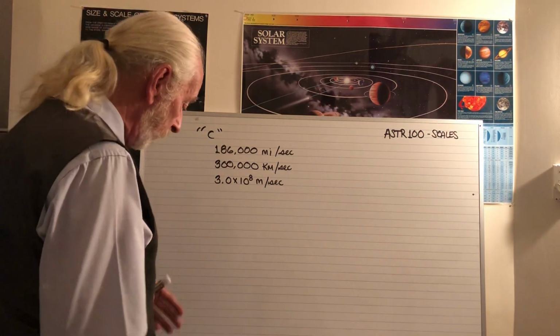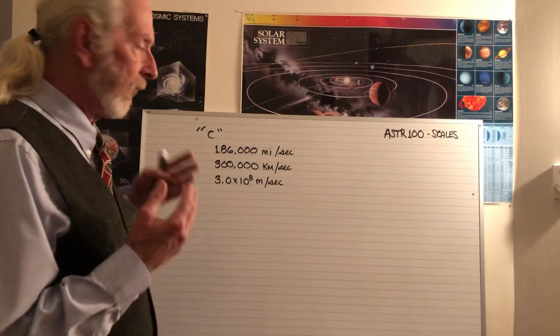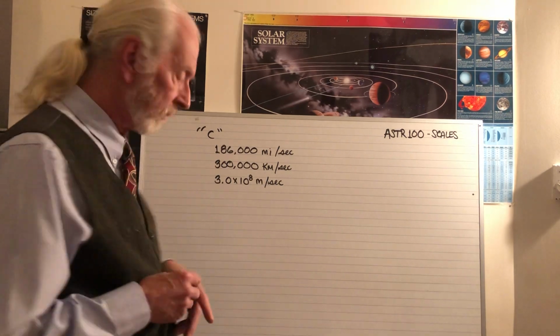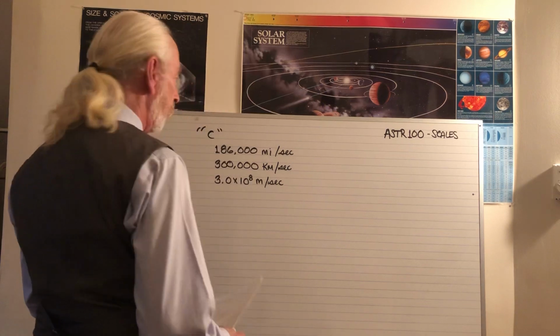Well, okay, that's all well and good, but how do I get a feel for what the speed of light is? Well, again, here's where the imagination part comes in. Let's imagine that from Portland to Boston is roughly 100 miles.